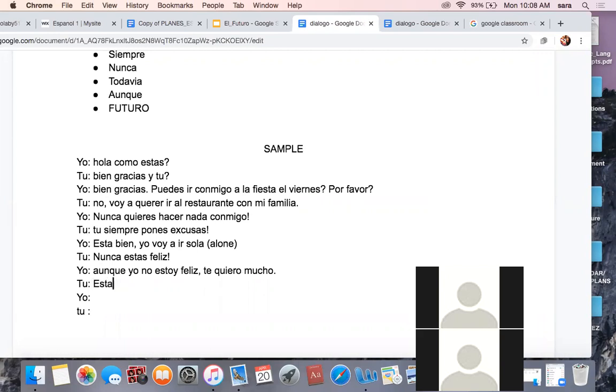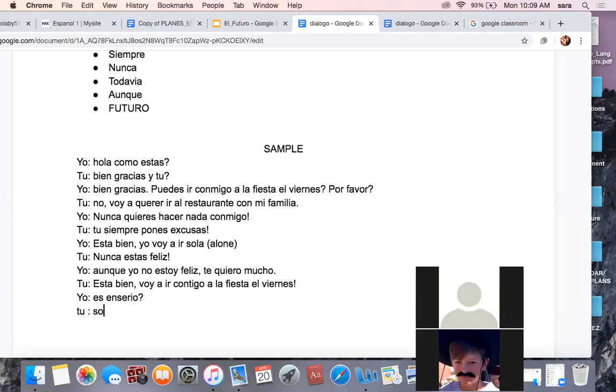And he's gonna say, está bien, voy a ir contigo a la fiesta el viernes. And then she says, seriously? ¿Es en serio? Right? Y él dice, sí.